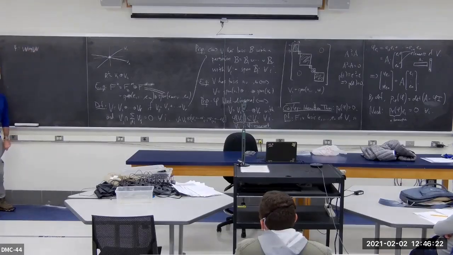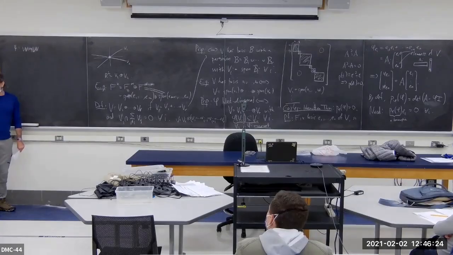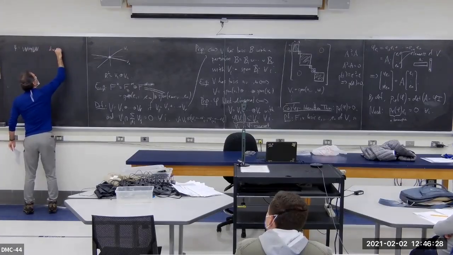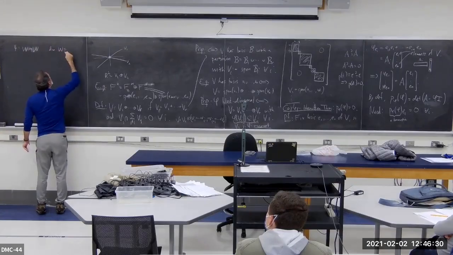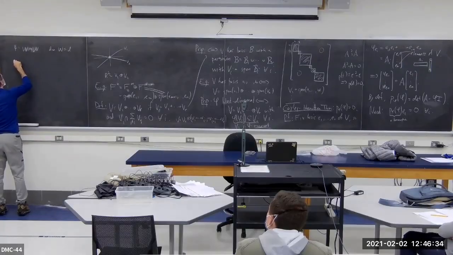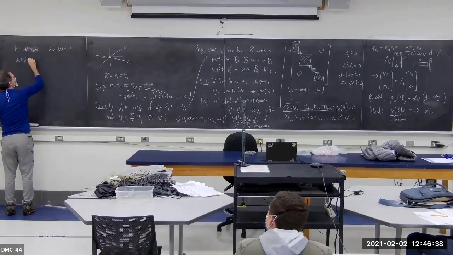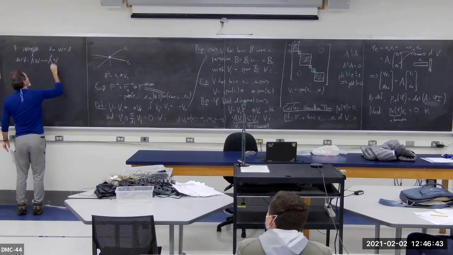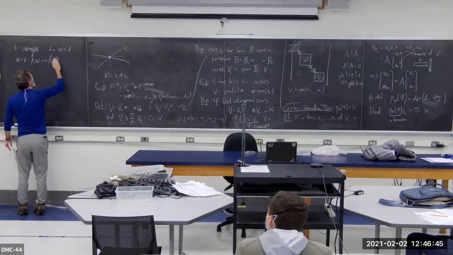So if I have C mapping W to W, I do not need to fix a basis. Then let's say the dimension of W is D. Then the determinant is actually a map from wedge D of W to wedge D of W. That's technically what the determinant is.